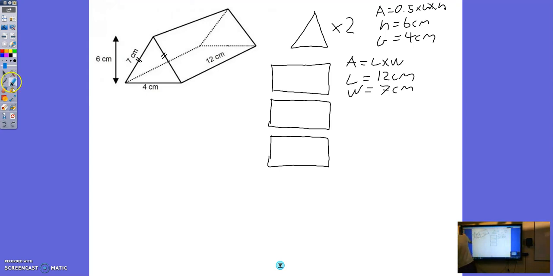I'm now going to look at this rectangle here, on the far side. You'll see that it also has the exact same length. So its length is also 12 centimeters. Its width is also 7 centimeters.